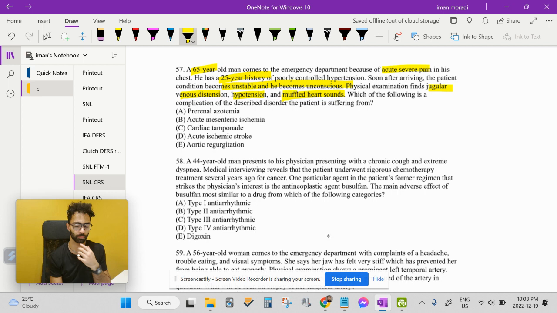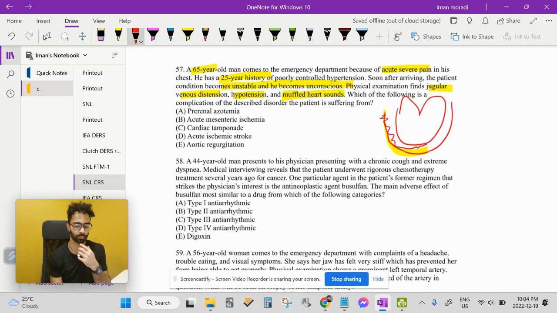The other thing you could have is that blood, for whatever reason, isn't able to enter the right ventricle or right atrium. One of the things that could cause that is the pericardium. Let's say this is the heart, it sits in the pericardium.